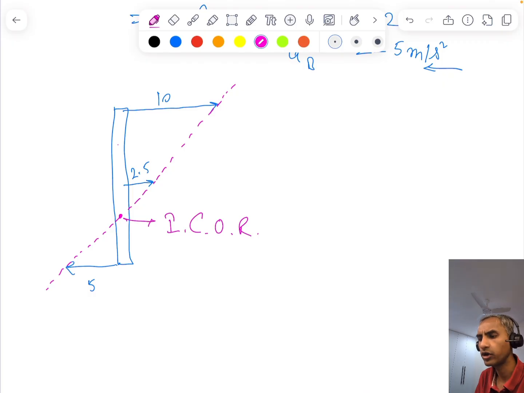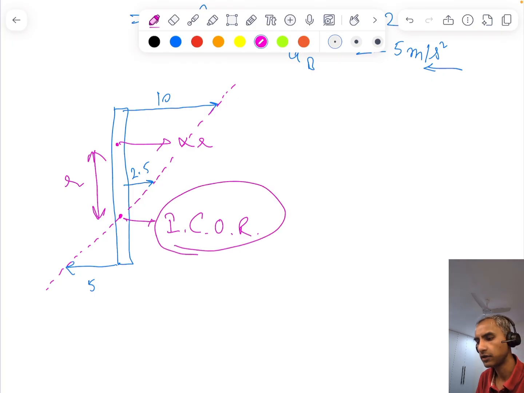So if we want to find out the acceleration of, let's say, this point, we simply do alpha r, where this is r and alpha is the alpha of the whole body, and we get alpha r as the absolute acceleration of this point. So this is also the concept of IC.